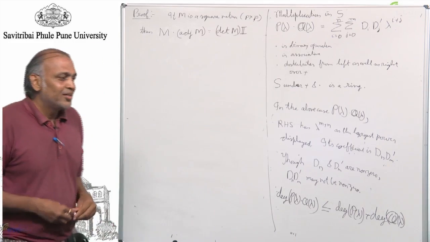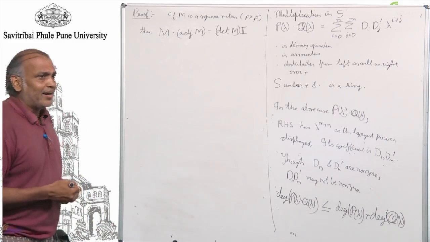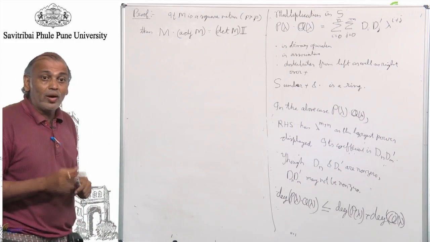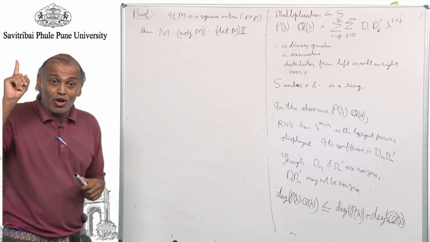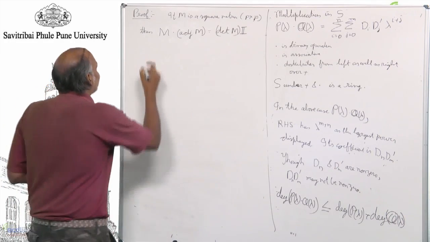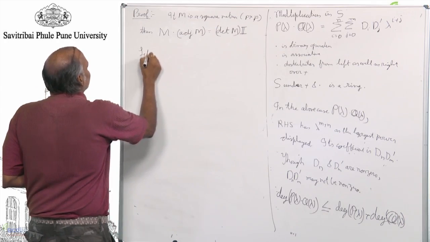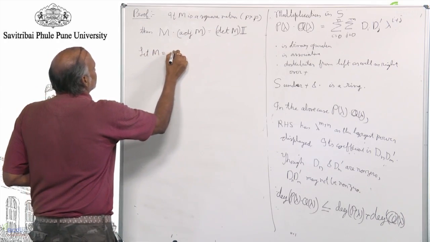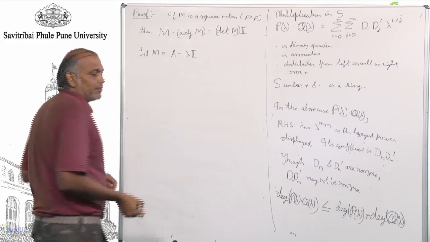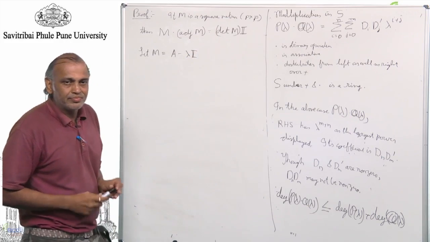So that way people experimented, and I said, if I can put any p by p matrix created out of A, why don't I do that with the degree 1 polynomial which I took as an example right in the beginning? So you could try, let M equal to A minus lambda into identity. The lambda is a variable.